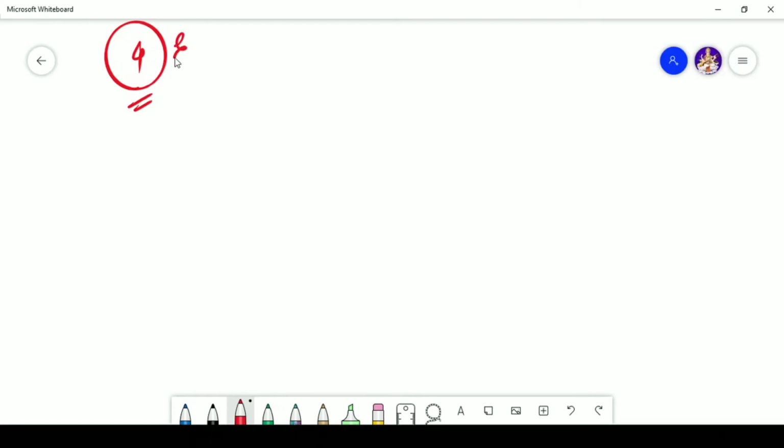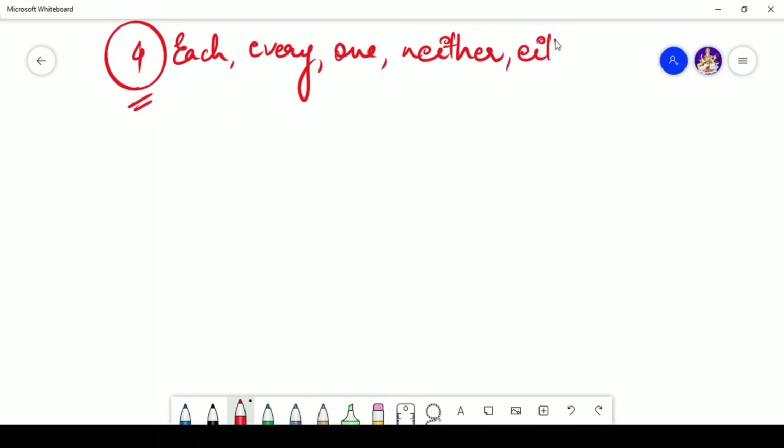that is, whenever you are making use of each or every or one, neither, either, etc., you basically use a plural noun.